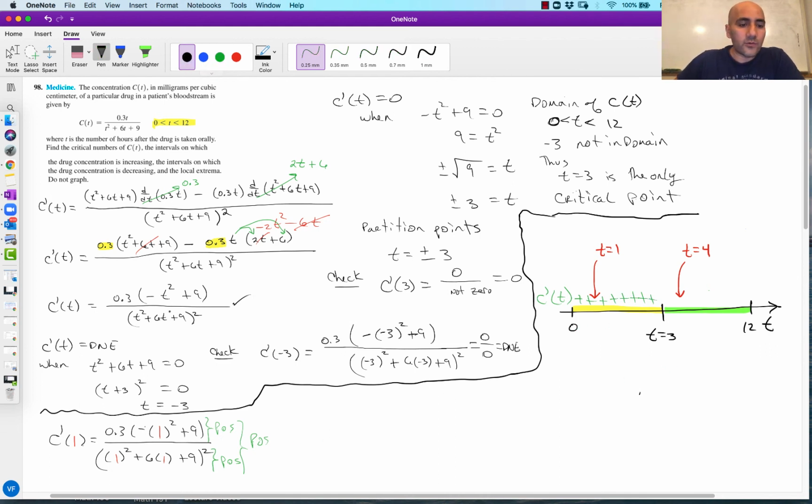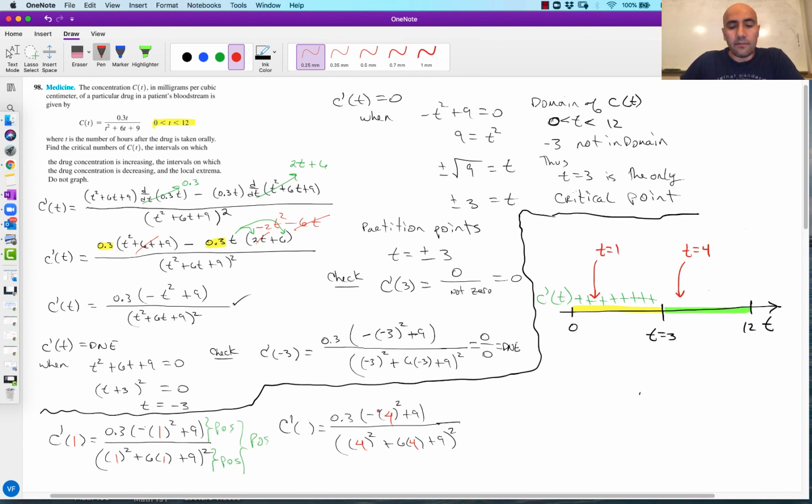Okay. Likewise, we want to do the same kind of analysis for another test point. How about 4? C prime of 4 is going to be equal to 0.3 times negative t squared plus 9 all over t squared plus 6t plus 9, the whole thing squared. And this time we're plugging in a 4. T equals 4 goes there, 4 goes there, 4 goes there.